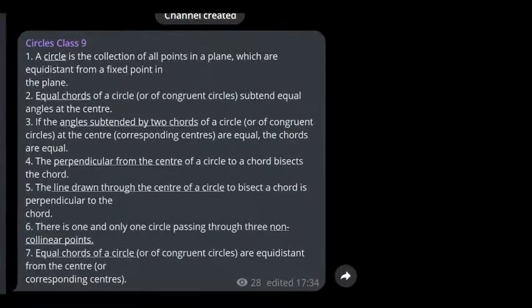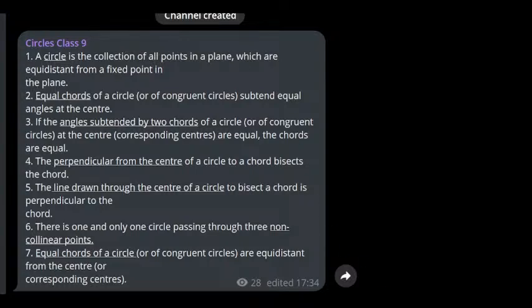In today's class, I will be discussing circles, class 9. A circle is the collection of all points in a plane which are equidistant from a fixed point in the plane.